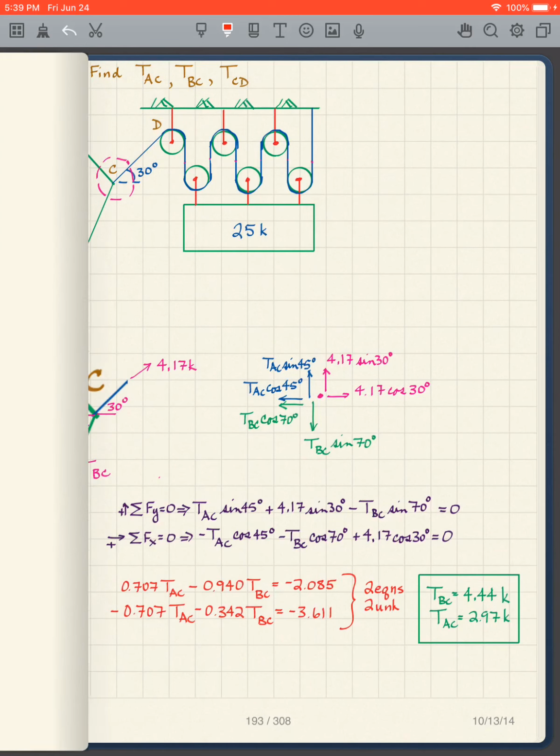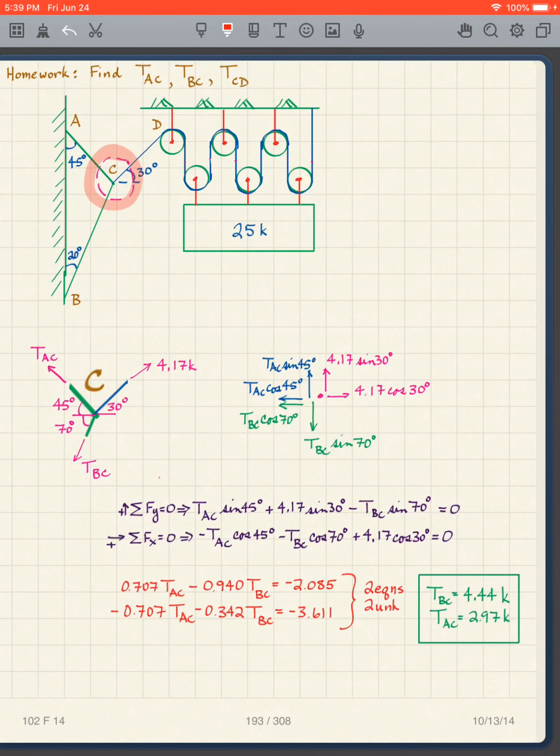Then I look at this point here, and I have 4.17 on that one. It's at 30 degrees. Now we have to make sure we get our angles correct. If I use this as a right triangle here, then that angle there is 70 degrees.